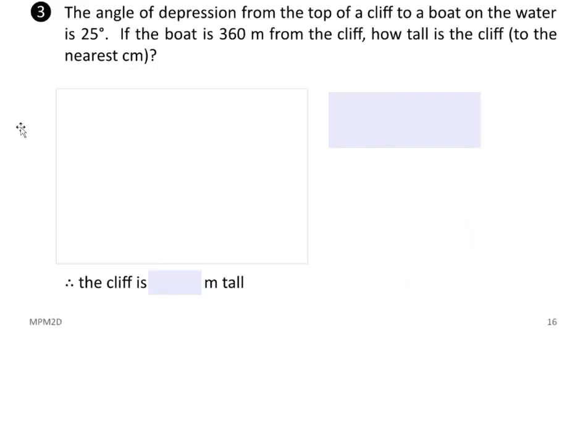All right. Excuse the awkward spacing for the question, but this was the only way I could get it to fit. So, for question 3, we have the angle of depression from the top of a cliff to a boat on the water is 25 degrees.